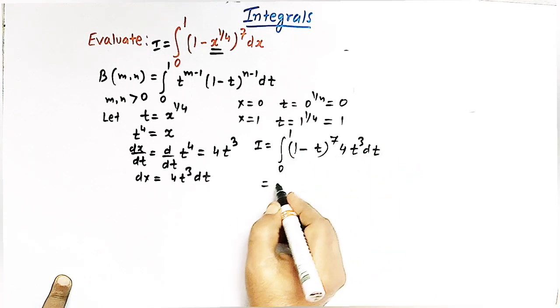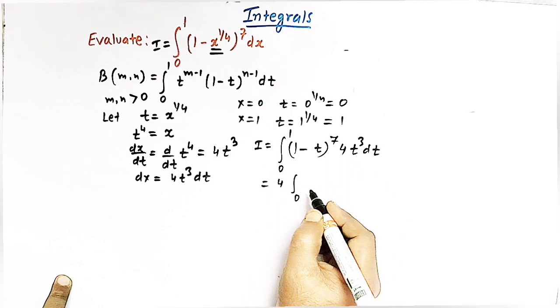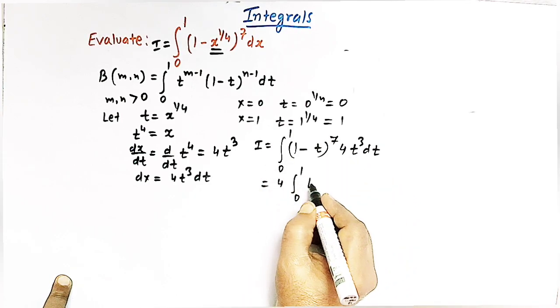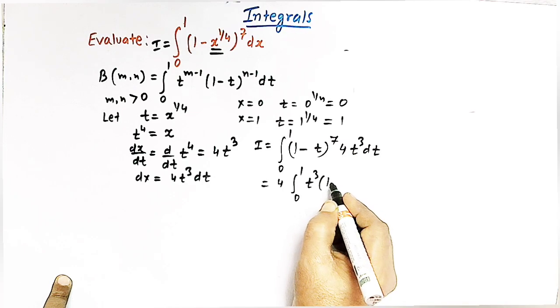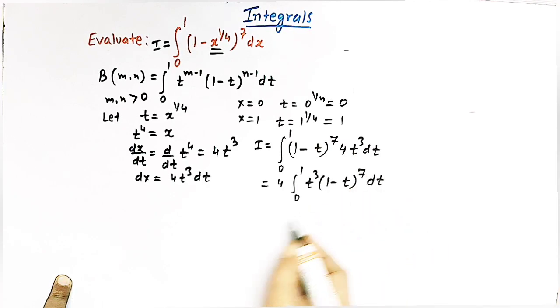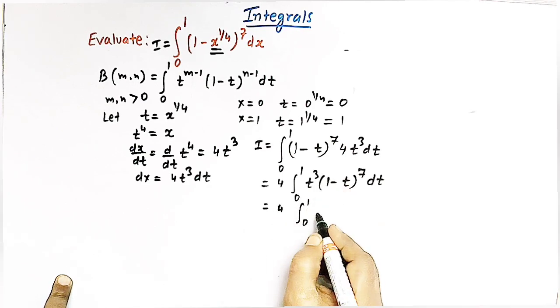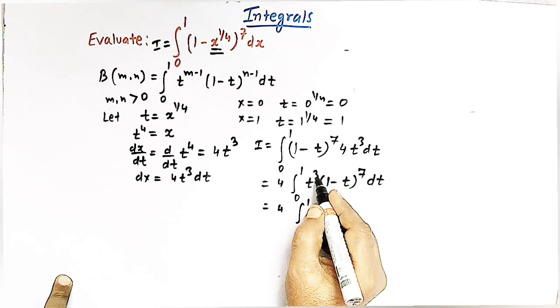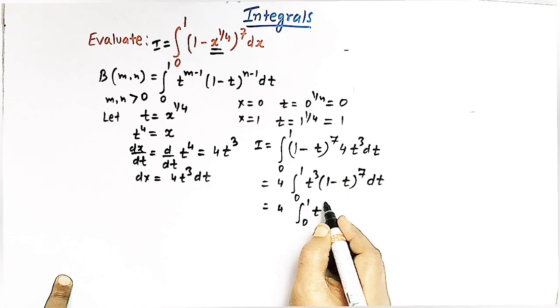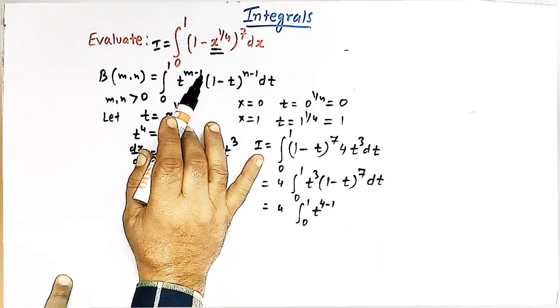Now we can take this 4 outside the integral, being a constant, so we can now write 0 to 1, and then we have t cube and (1 minus t) raised to 7 and dt. Now let us write this integral as t raised to 3. Here 3 can be written as 4 minus 1, because here we have m minus 1.